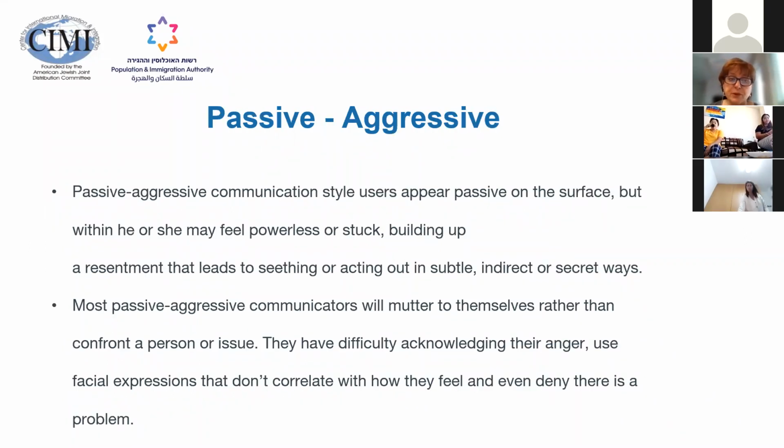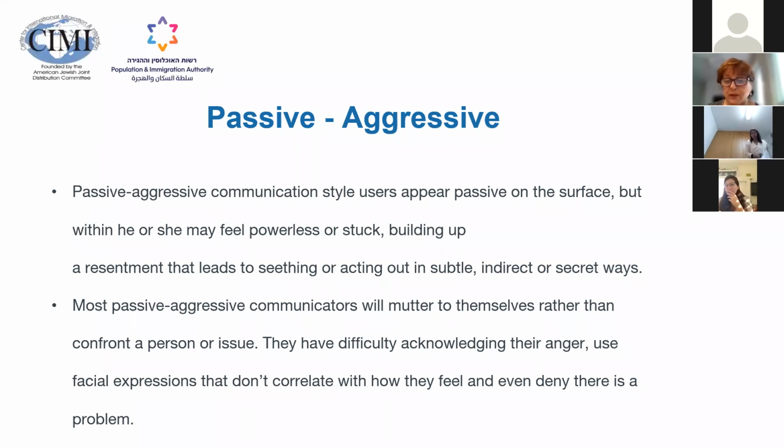Passive aggressive communicators. Passive aggressive communication style users appear passive on the surface, but within he or she may feel powerless or stuck and build up a resentment that leads to seething or acting out in subtle, indirect, or secret ways. Most passive aggressive communicators will mutter to themselves rather than confront a person or an issue.